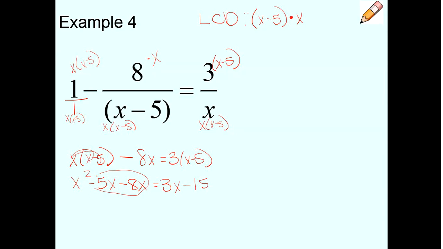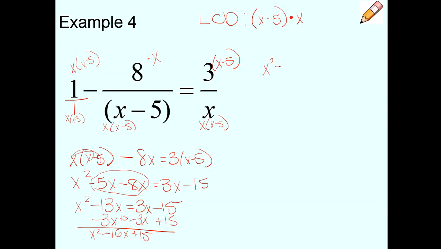Let's do some combining. So I got x squared minus 13x, and that equals 3x minus 15. Subtract 3x from both sides, and then I'm also going to add the 15 over here as well. Let's get everybody to the same side. So it looks like I have x squared minus 16x plus 15, right?